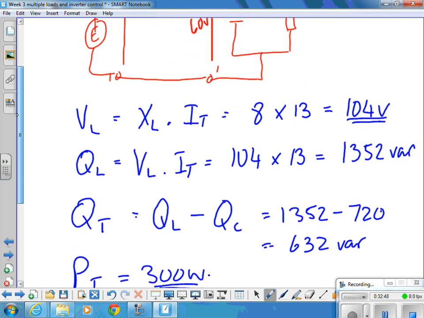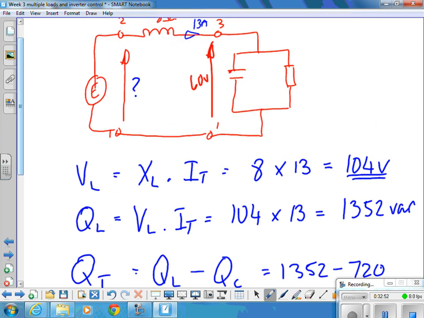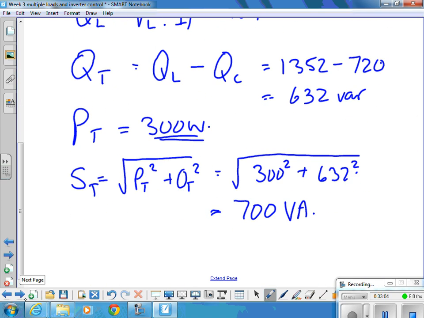We could find the power factor. We weren't asked to find that. We want to know this. We know what total S is now, because ST is equal to IT times E12.